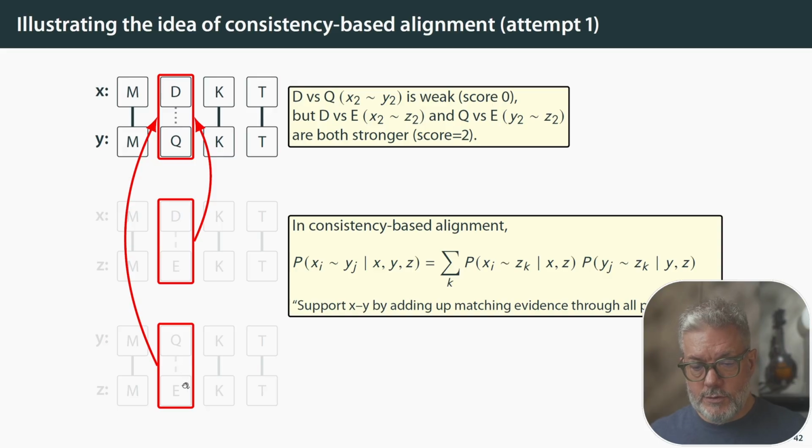So those two, at position 2, 2 and position 2, 2, are going to influence this conditional probability of x sub i, y sub j, and they will make it stronger than it would have been if we were just considering the pairwise alignment. That's the idea of consistency.